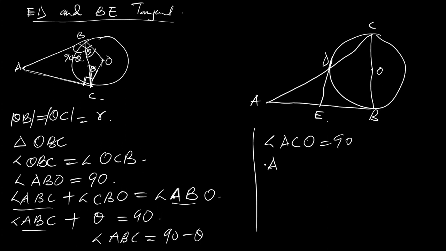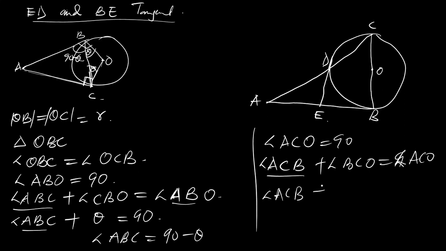And angle ACB plus angle BCO, which is theta, is equal to angle ACO, which is 90 degrees.